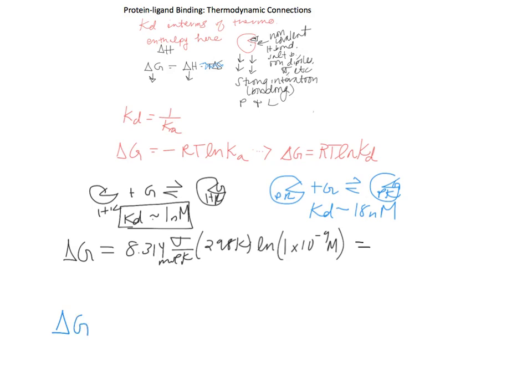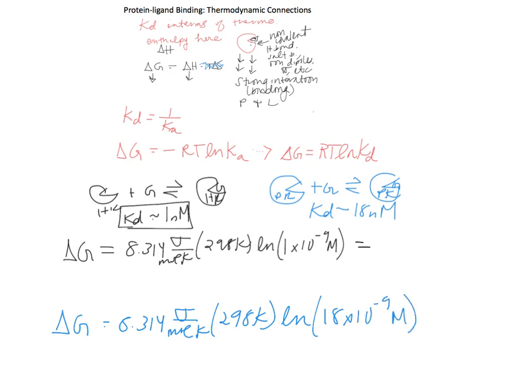We'll keep it in blue so hopefully you can see that. 8.314 joules per mole Kelvin. Temperature is the same, 298 Kelvin. And here we have natural log of 18 times 10 to the minus 9 molar. So this is the point where you could stop the video and get your calculator out and make sure that your math checks out with my math.